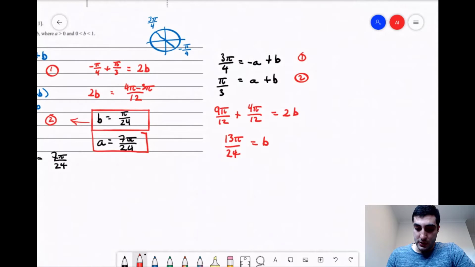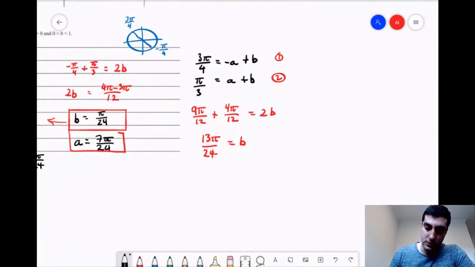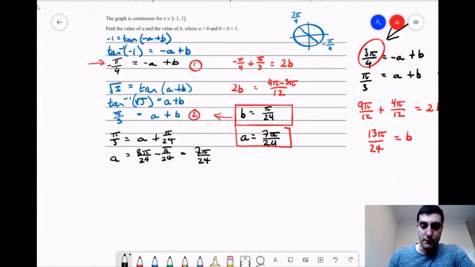All of a sudden, if we just approximate pi to be equal to 3, we're going to have 39 on 24. So we can see that b then is going to be outside of this range of 0 to 1. So this is why this solution, we're not able to use this value here. You had to use the value of minus pi on 4, going sort of the opposite direction around the unit circle there.